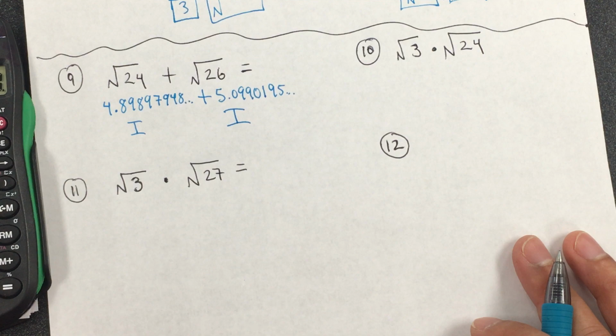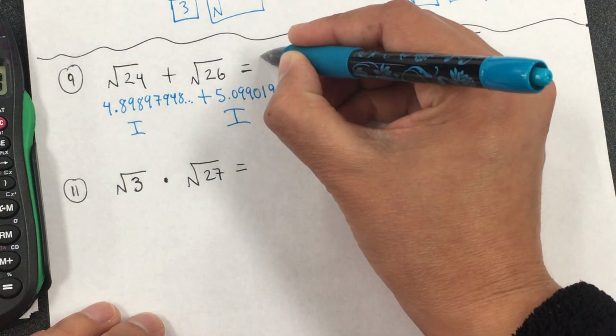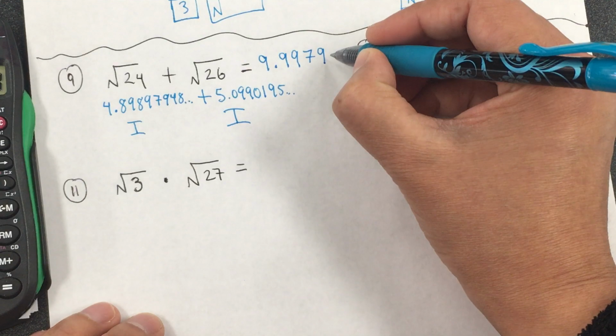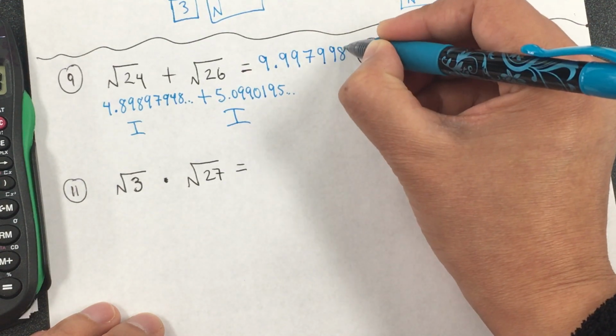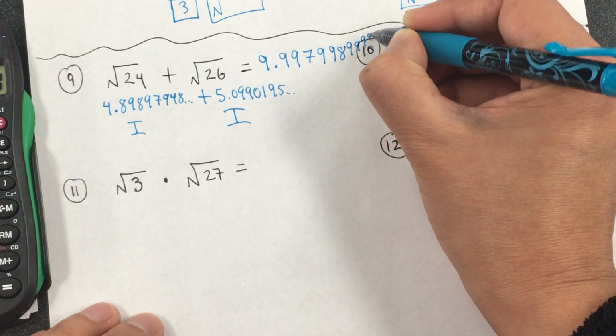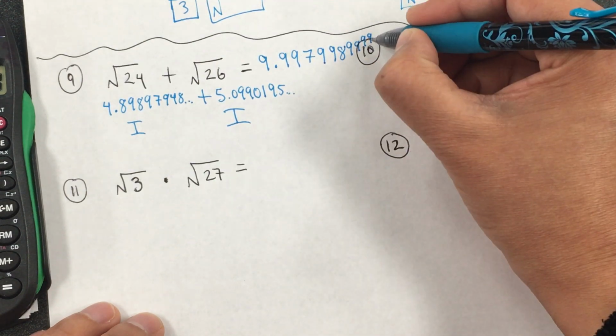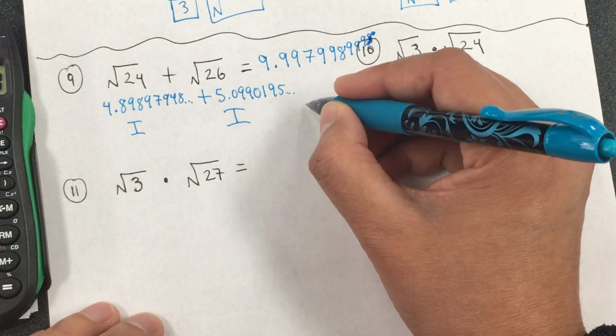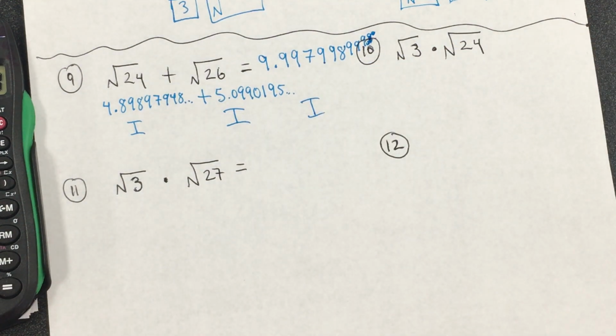But what if I add them, the square root of 24 plus the square root of 26 equals 9.997998999. Oh, I put one too many. So that's irrational.